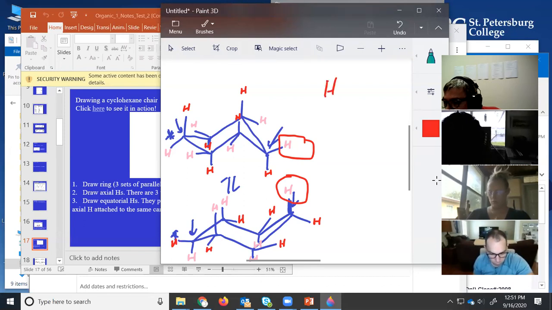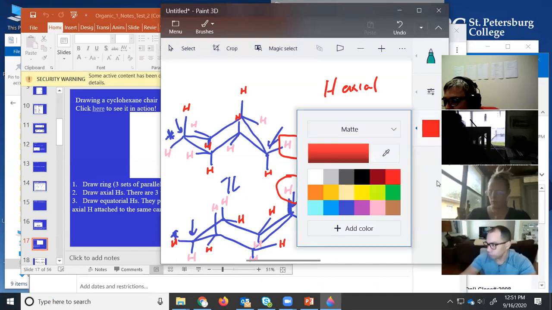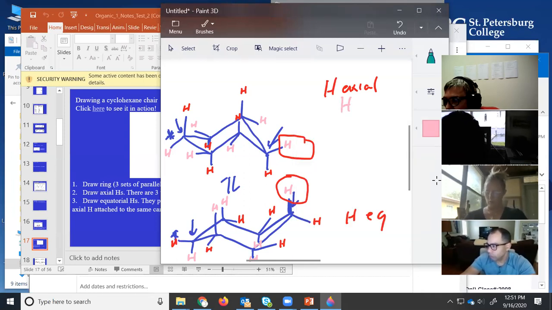So that's what I'm trying to say here: initially the red H is axial here, and here the red H is equatorial, and in the pink, the H's were equatorial here, now the H's are axial in this conformation.